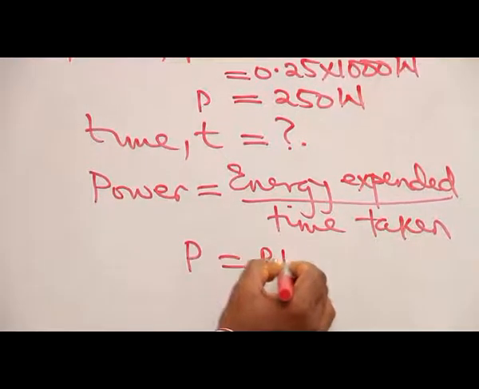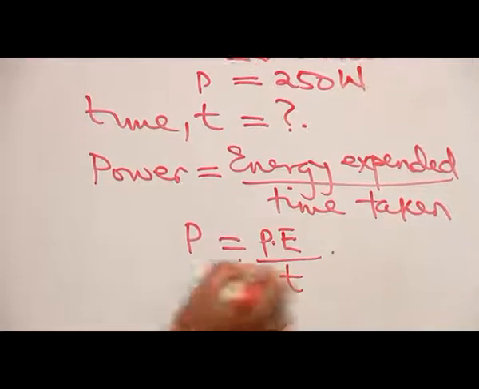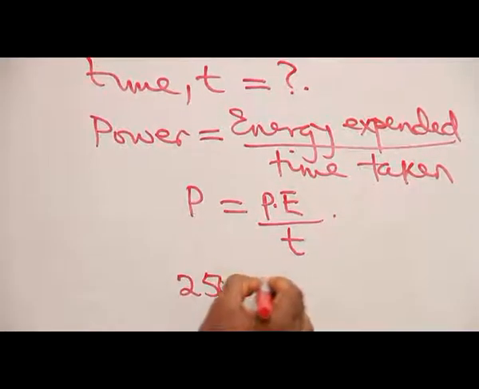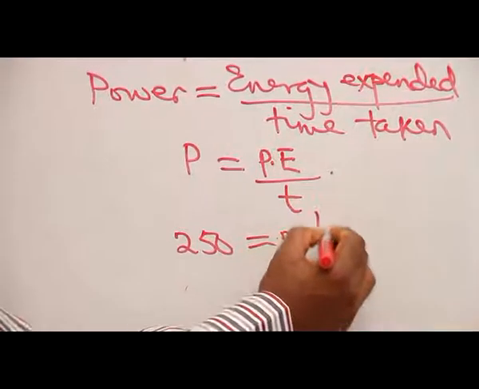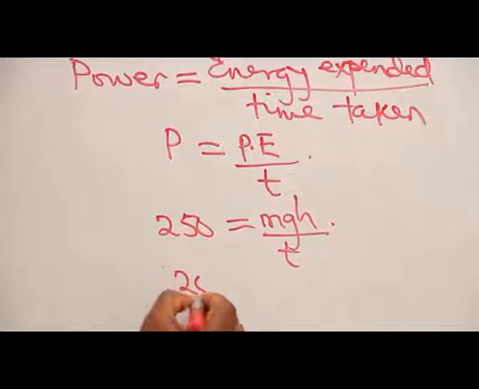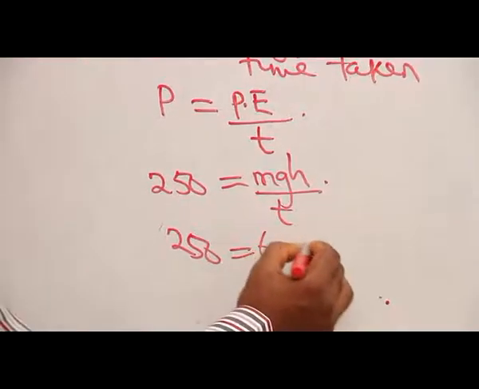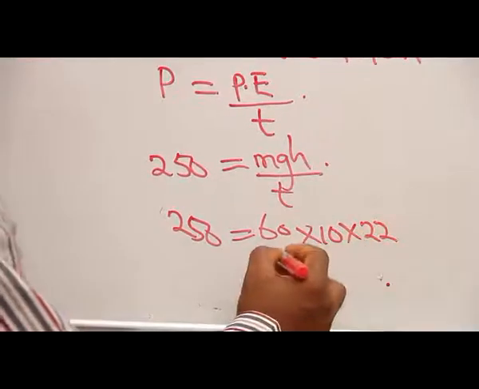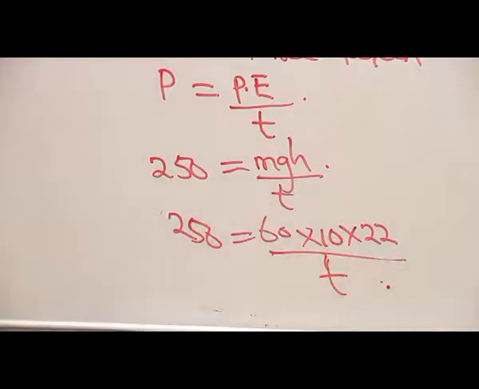Power is potential energy at that height divided by the time taken. We have 250. The potential energy, of course, is mgh, divided by time. 250 for power is equal to 60 times 10 times 22 divided by the time taken, which we are to find.